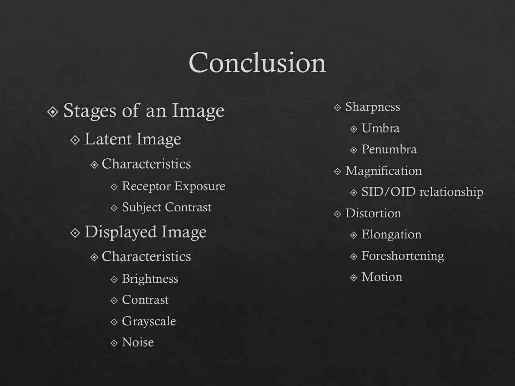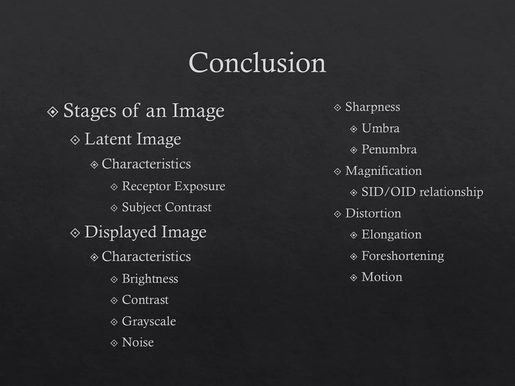All right, in conclusion, we have talked about a lot of different stuff here today. So make sure you go back over these terms. I wanted to lay it down in this last slide to give you an overview of the things that we've just covered. We've talked about the stages of the image, the latent image, the displayed image. We've talked about the characteristics of each. Make sure that you go back and review all the definitions of these things.